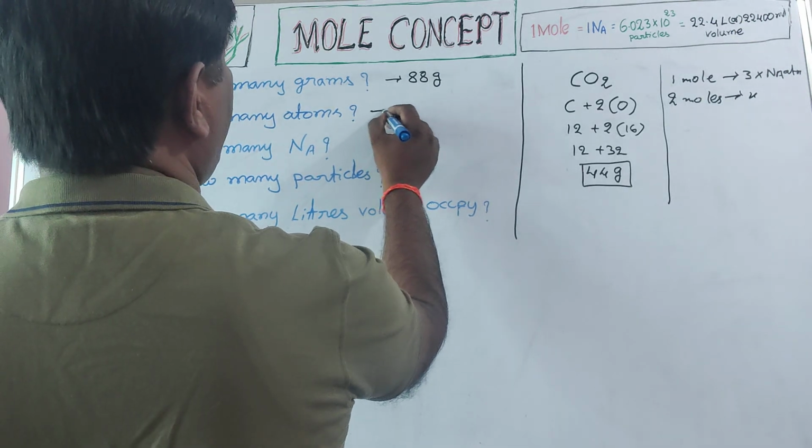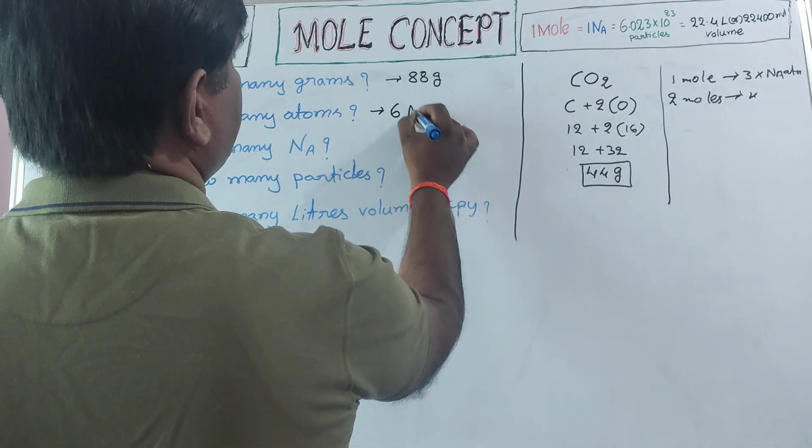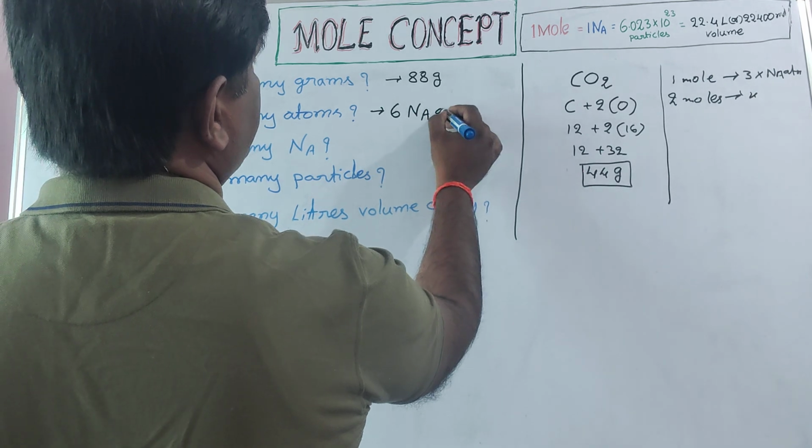So 6 Avogadro number of atoms is its answer.